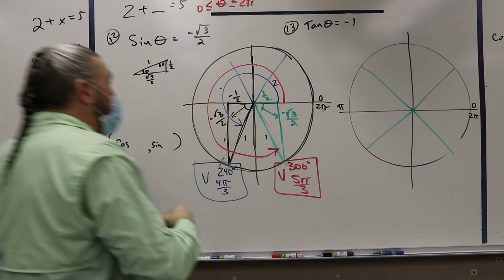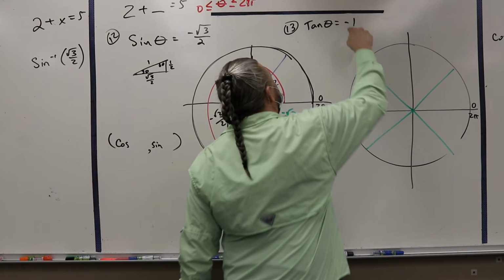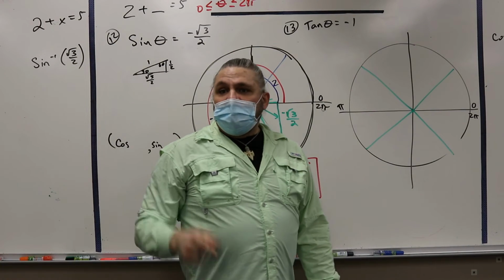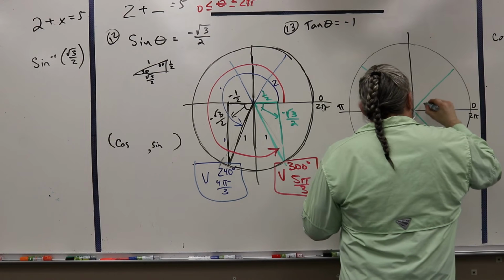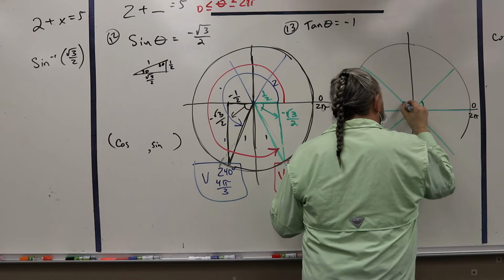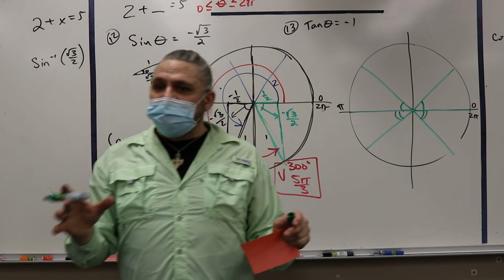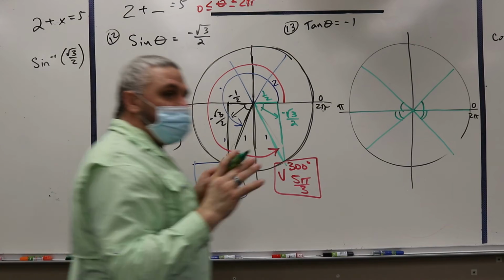Okay. So I got all those 45-degree angles, right? But we want it to be -1. Which means, remember, we're only looking at these angles. This angle, this angle, this angle, right? We're only looking at those reference angles.